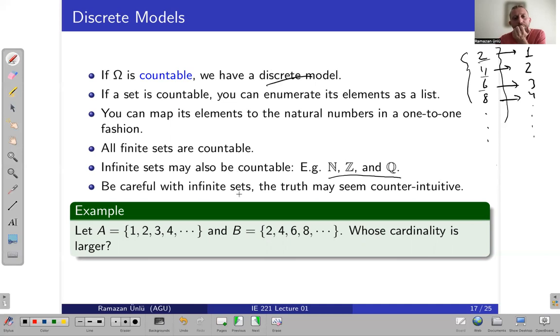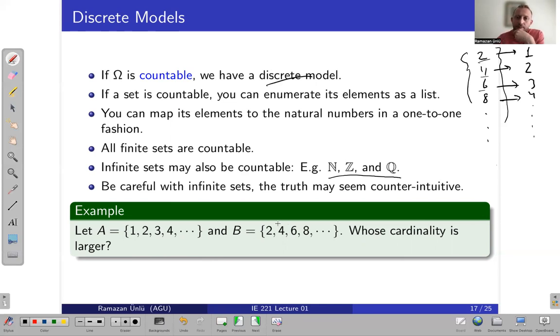But be careful with infinite sets. The truth may be different from what you think. Let's say A is 1, 2, 3, 4, going infinitely, and B is 2, 4, 6, 8. So whose cardinality is larger?